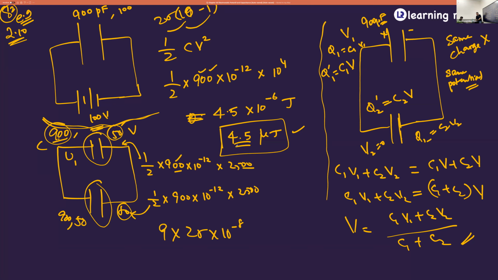Yeah. So basically you will get half into 600 picofarad. Okay, 600 into half into 10 power minus 12. So 300 into 10 power minus 12 into V square, which is 4 into 10 power 4. So 3 into 4, 12. 12 into 10 power minus 6 over there. So it will be 6 microjoule.